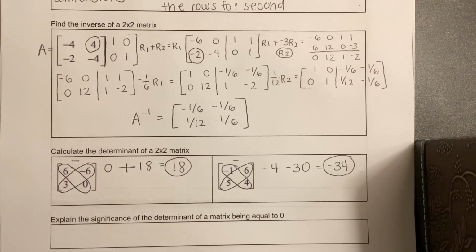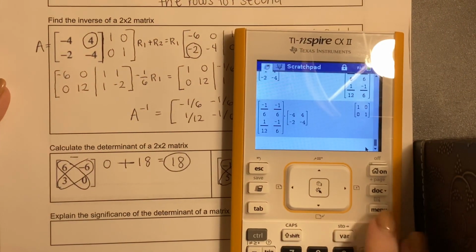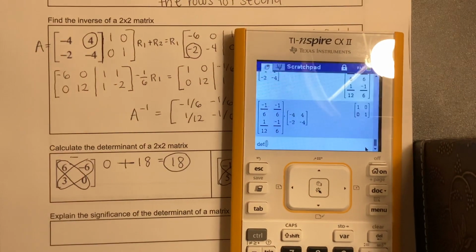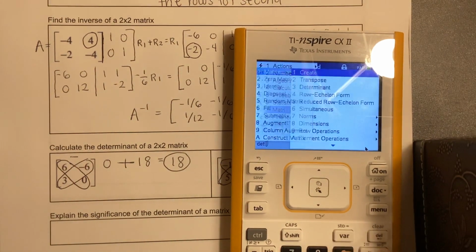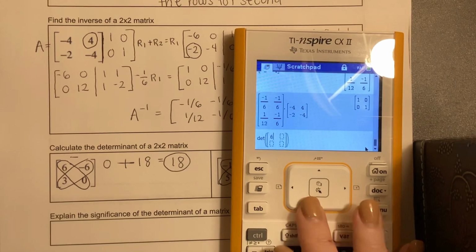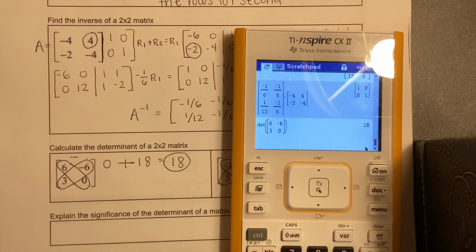This, again, is something that you can do in the calculator. This one is a command, so you need to start by putting in your command. So menu 7, you want to find the determinant, which is 3, and you'll get that it says DET, and then you can type in your matrix. So this one was 6, 3, 0, -6, 18.